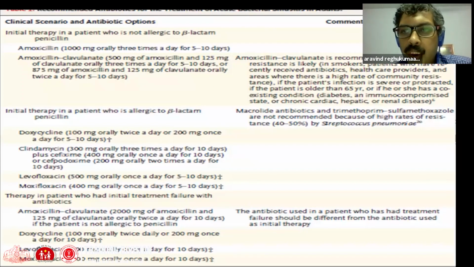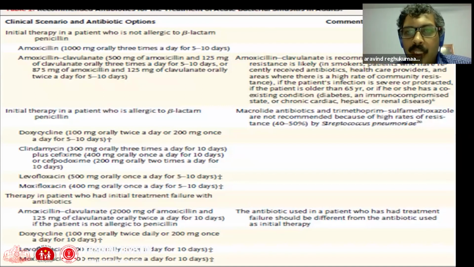What are the situations in which you need to consider amoxicillin clavulanic acid upfront? That is in situations where you are suspecting some sort of resistance. Okay, that is in healthcare workers. So healthcare workers with sinusitis, according to the guidelines, it has to be Augmentin.